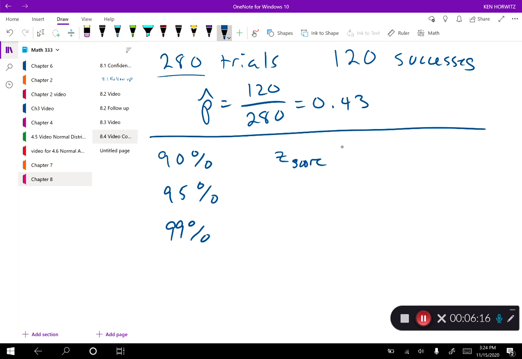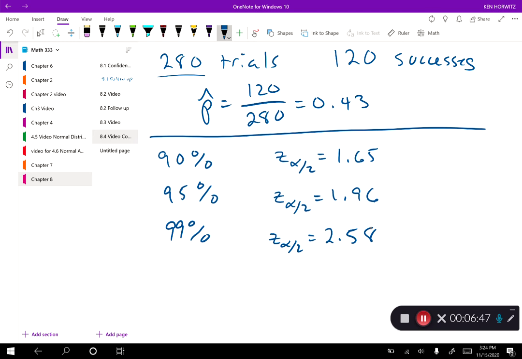So our z-score, I'm just going to put z alpha divided by 2. It is going to be 1.65 for 90%, 1.96 for 95%, and z alpha divided by 2 is going to be 2.58 for 99%, just like they were before.